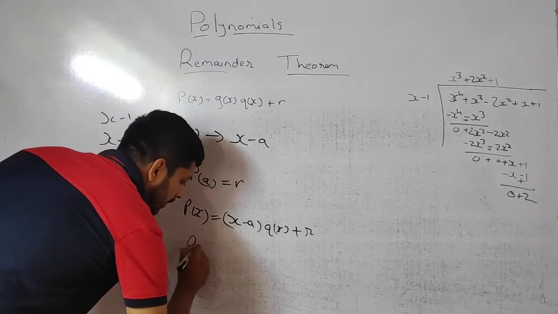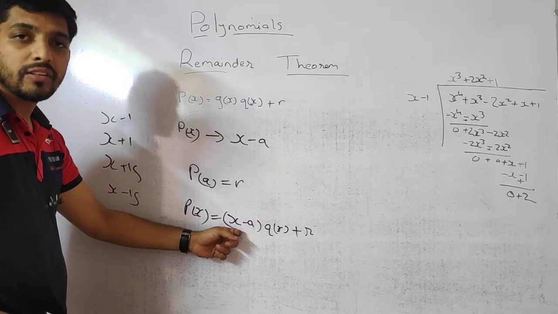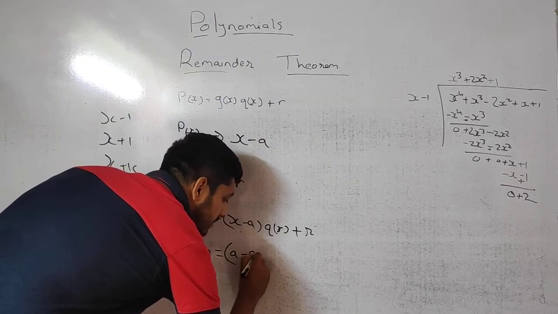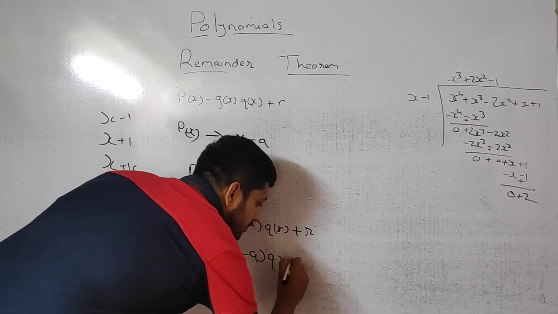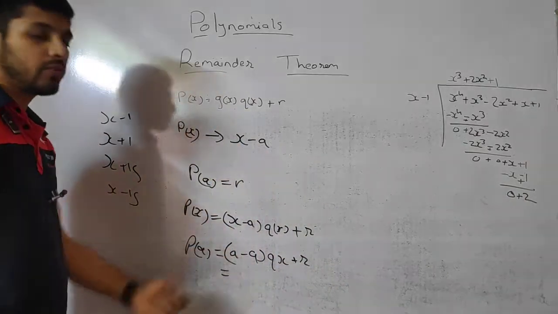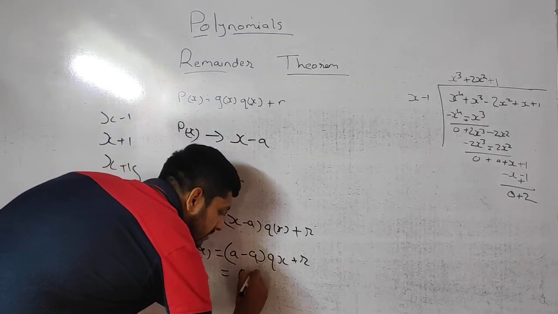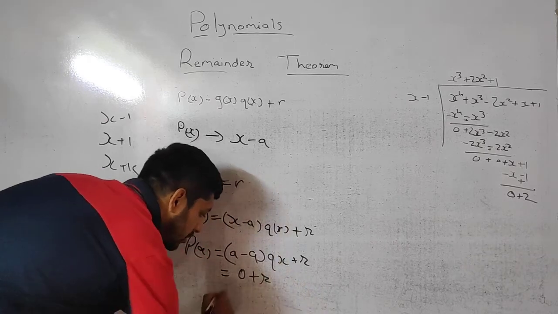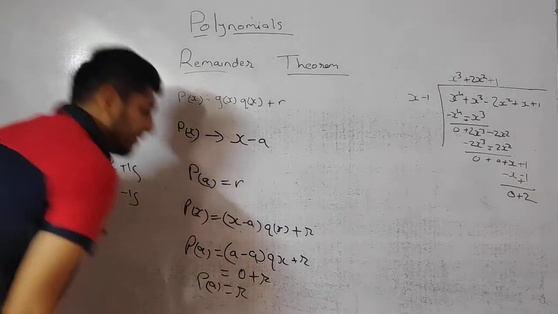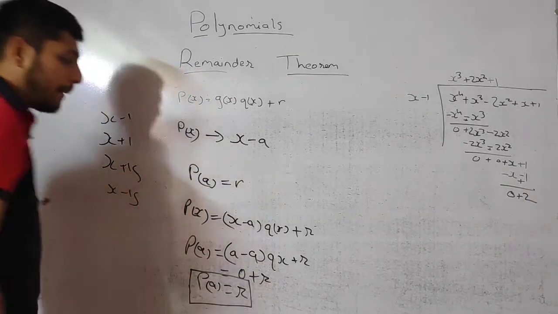So I'll write p of a is equals to, instead of x I need to write a. So it will be a minus a into q of x plus r. So this will be equal to 0. A minus a equals 0, and 0 into anything will give me 0, which means that it is 0 plus r. So it will be equals to r, which says that p of a is equals to r. This is the condition that we were required to prove.